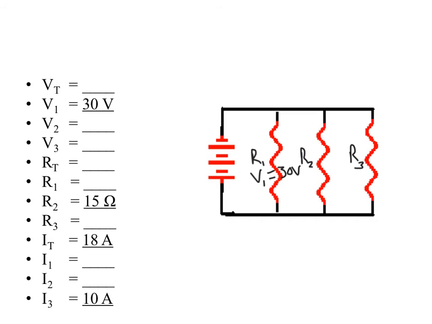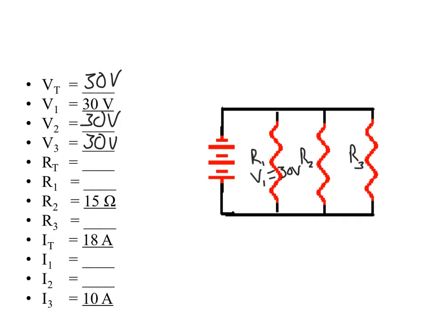It's a parallel circuit. What do we know about the voltages in parallel? They're all equal. So that means if the potential difference in resistor 1 is 30, then the potential difference in my total circuit is 30. The potential difference of resistor 2 is 30, and the potential difference of resistor 3 is 30. So they're all 30 volts.